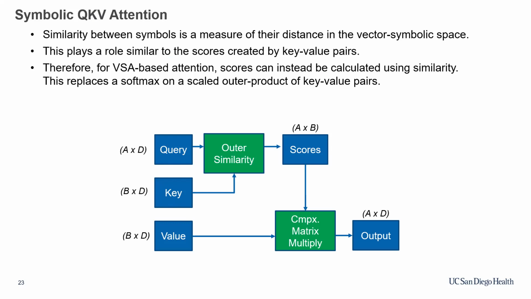Then for every symbol in the query matrix and the key matrix, you can calculate the pairwise similarity, which I call the outer similarity. So for every possible pair, you get the similarity between them. Again, that's a value on a restricted domain, which you can use to scale the value matrix and produce an output.